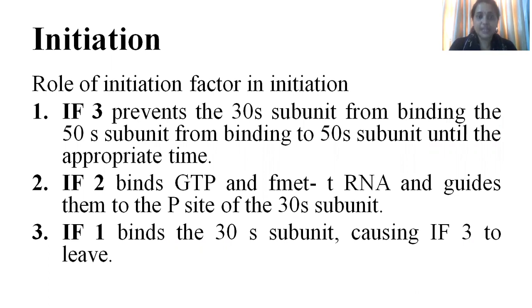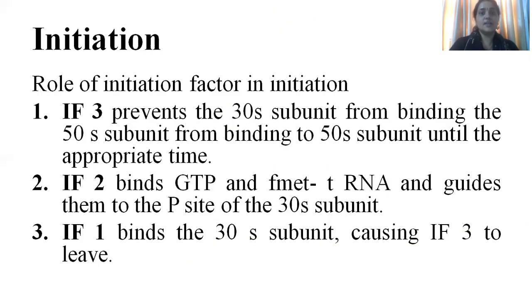Initiation factor 3 prevents the 30S ribosomal subunit from binding with 50S until the specific time. The role of initiation factor 2 is to bind with GTP, and the role of initiation factor 1 is to give a signal to initiation factor 3 to leave the 30S subunit for the formation of the initiation complex.